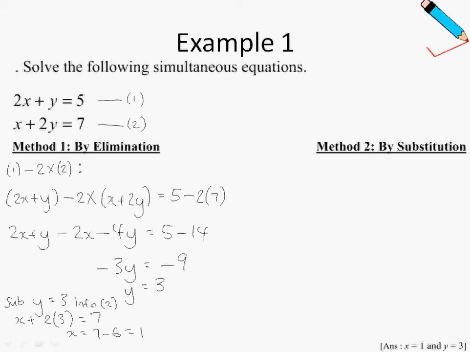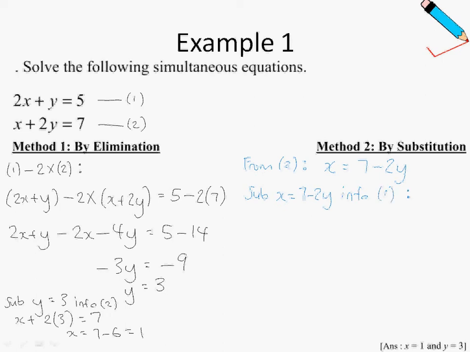So from equation number 2, I will try to make x the subject of the formula. How do I do that? I will just shift the 2y over to the right hand side of the equation. So 7 minus 2y. Next I'm going to sub x equals 7 minus 2y into equation number 1.